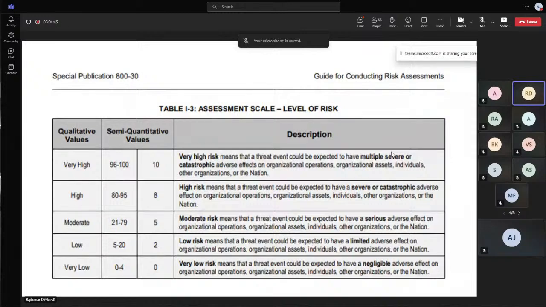The more granular the classification you have, the better you can classify accordingly. Don't put everything in high, or everything in very high, or everything in moderate or low. Classify accordingly based on the likelihood of it happening. Very high risk is across the organization, across several assets.